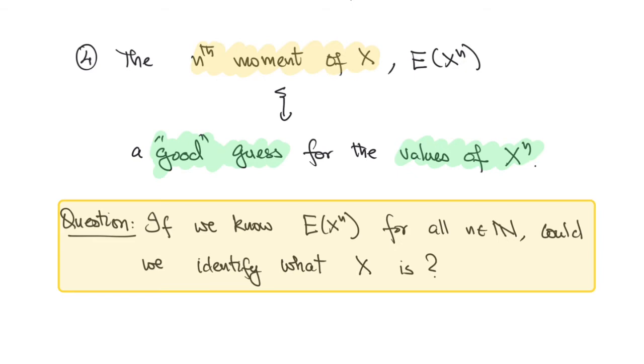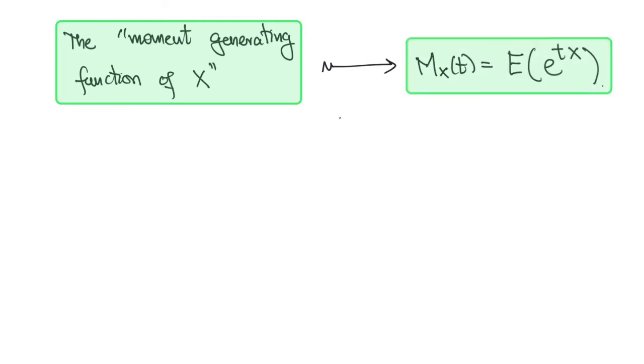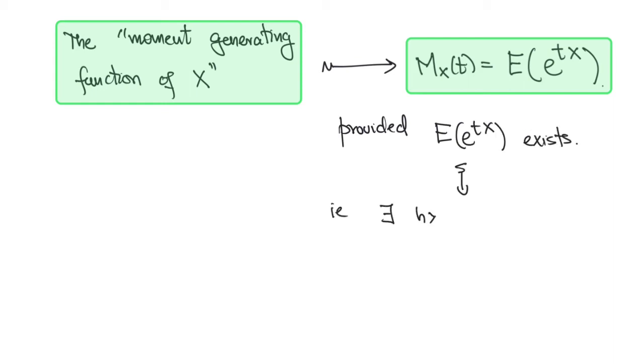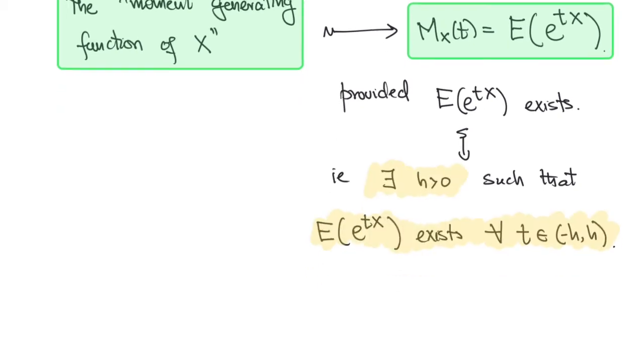But before we talk about it, we will have to introduce the concept of the moment generating function of the random variable X. This is denoted by M_X(t), and it is the expected value of e to the t times X, provided that this expected value exists. What does this mean? It means that there exists an h greater than 0 such that the expected value of e to the tX exists for all values of t inside the interval (-h, h).